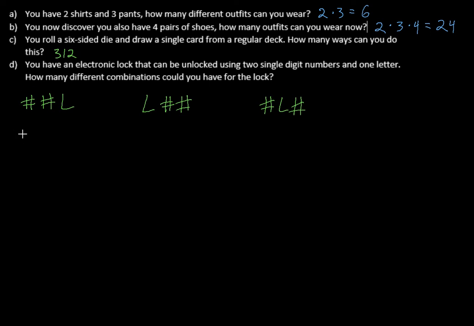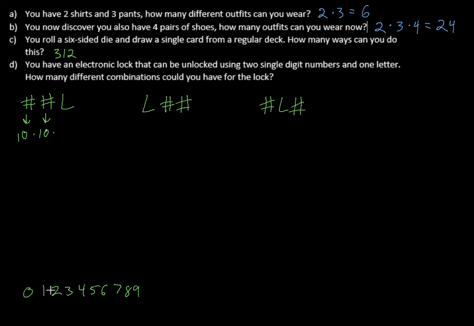If we've got single digit numbers, then we could have 0, 1, 2, 3, 4, 5, 6, 7, 8, 9. So we've got 10 different options. So for this first one, we have 10 different things we can do. Second one, it doesn't say that we can't reuse numbers, so we're more than welcome to still have those 10.